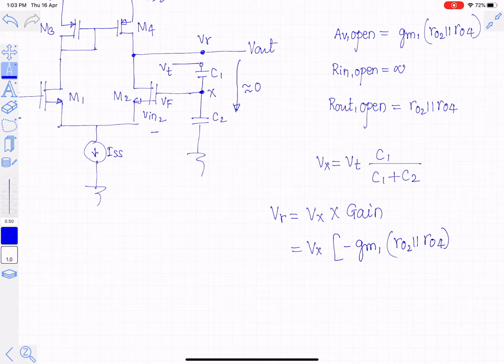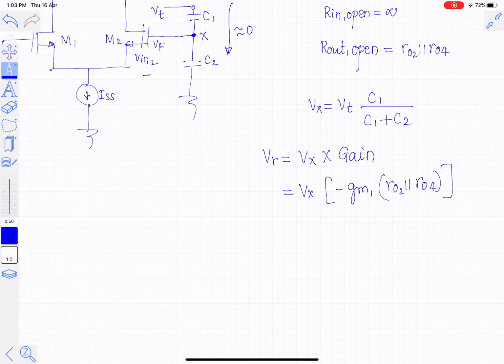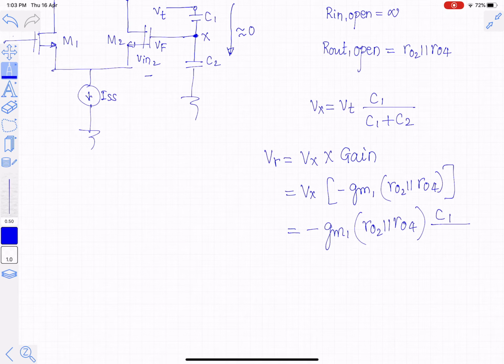Why negative sign has been written? Because input has been applied to inverting terminal. So this is written as minus GM1 RO2 parallel RO4, and Vx is C1 upon C1 plus C2 into Vt.